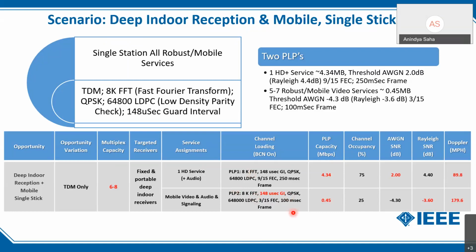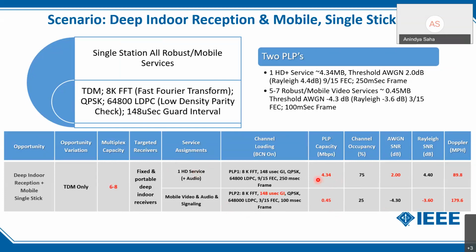And then there is a choice of the kind of modcods, the LDPC, the choice of the guard interval, and the framing and frame timings. You can see that this kind of service is customized not only for portable receivers, but also for indoor reception. The broadcaster has partitioned the PLPs in terms of capacity.